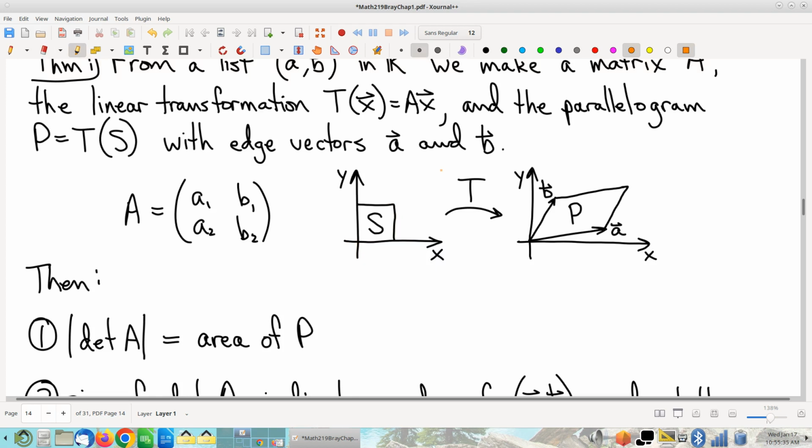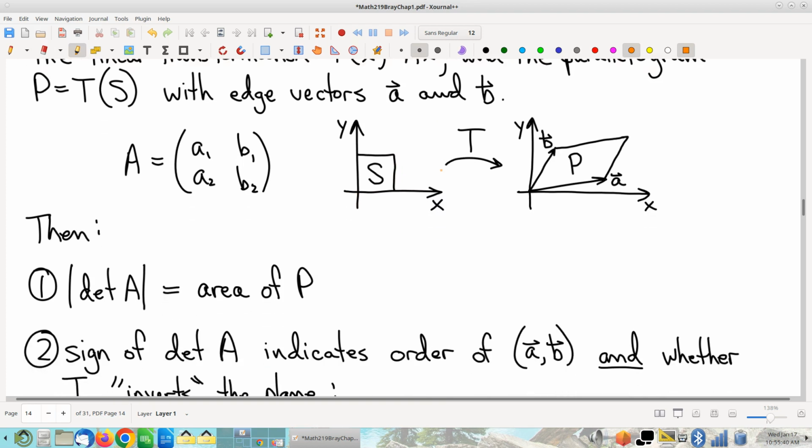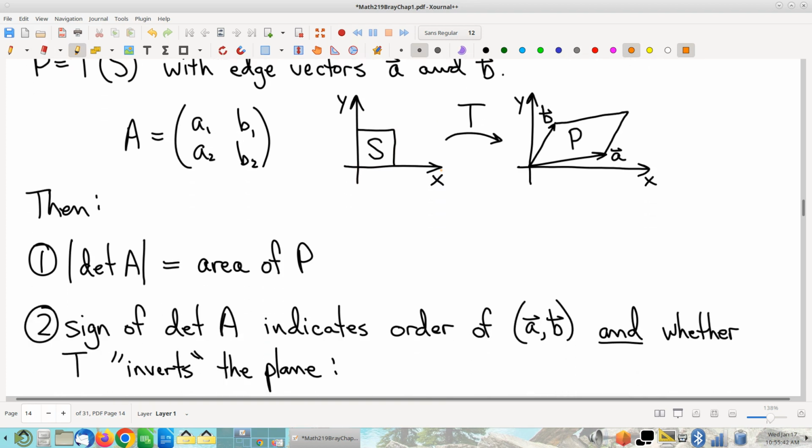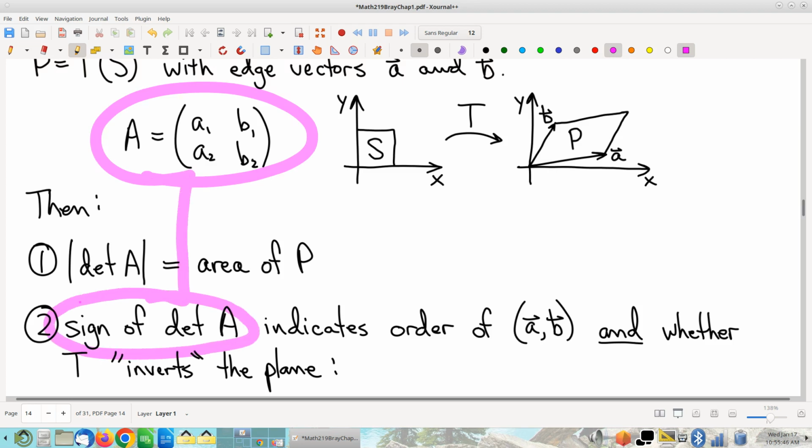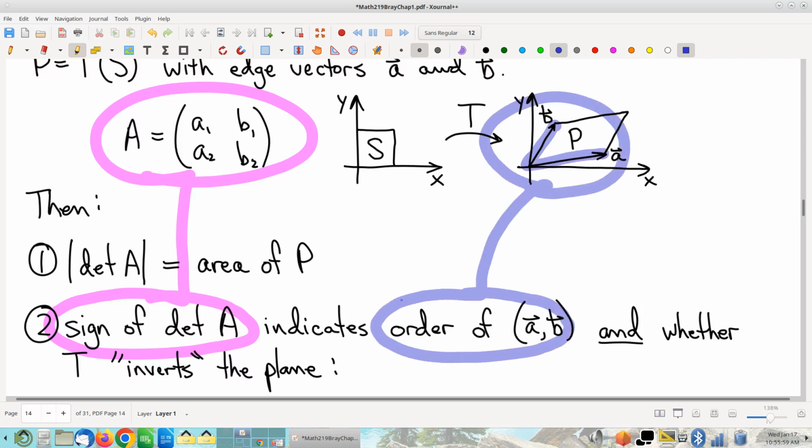Okay, so that's the first result. Shocking. Here's the second result: the sign of the determinant, plus or minus, tells you about the order of the list, as to whether A first, B second, is counterclockwise or clockwise.